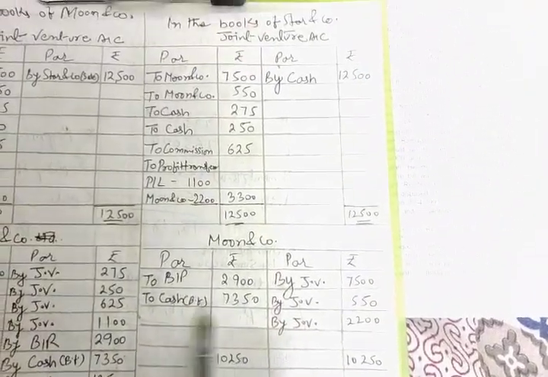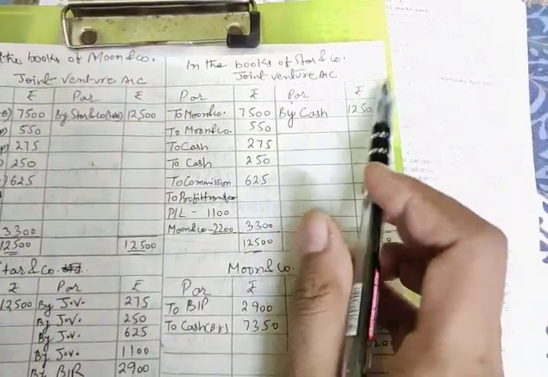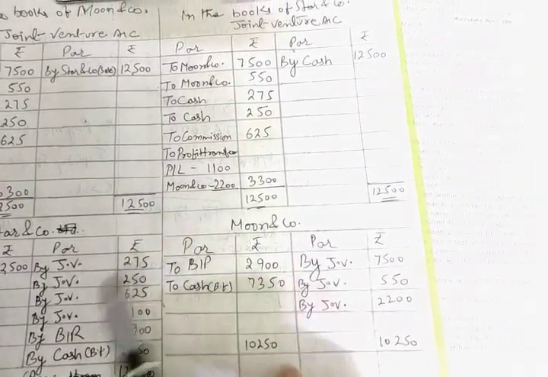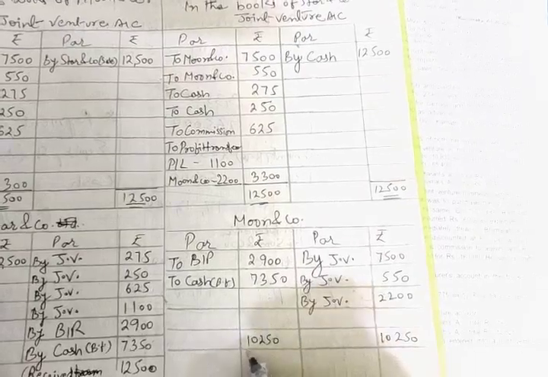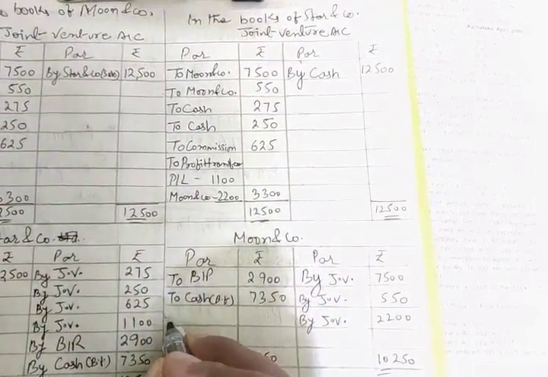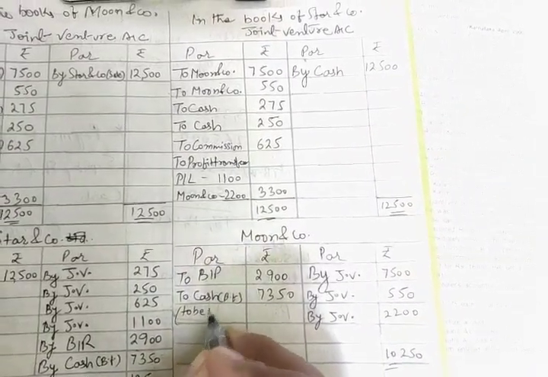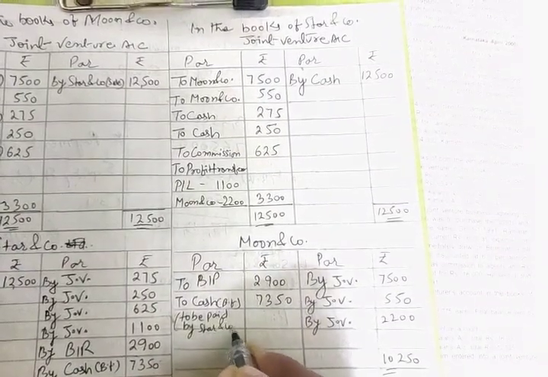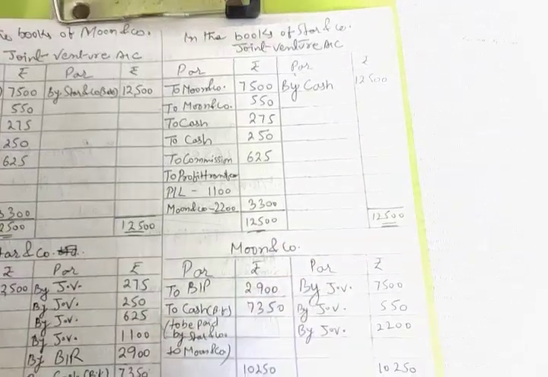That is 7,350, and it shows that Star and Company is supposed to pay 7,350 to Moon and Company. So 7,350. If we need to write it just for our reference, this is the amount to be paid by Star and Company to Moon and Company.